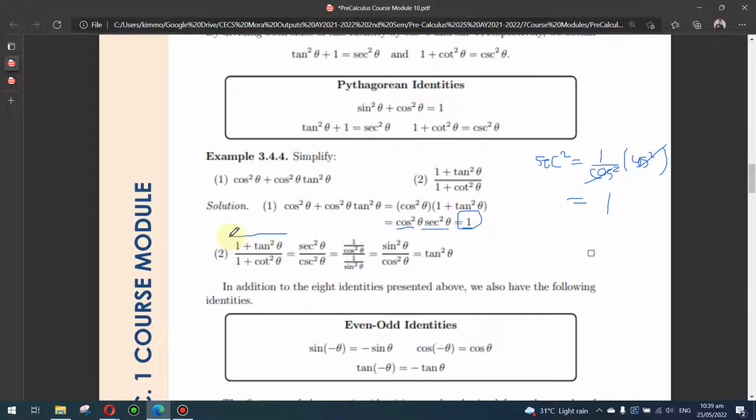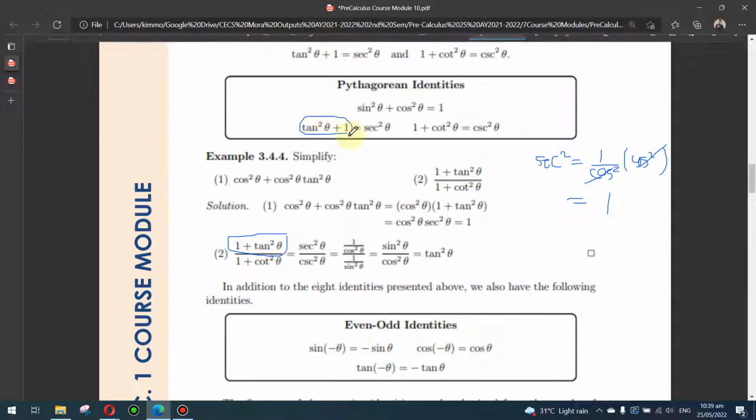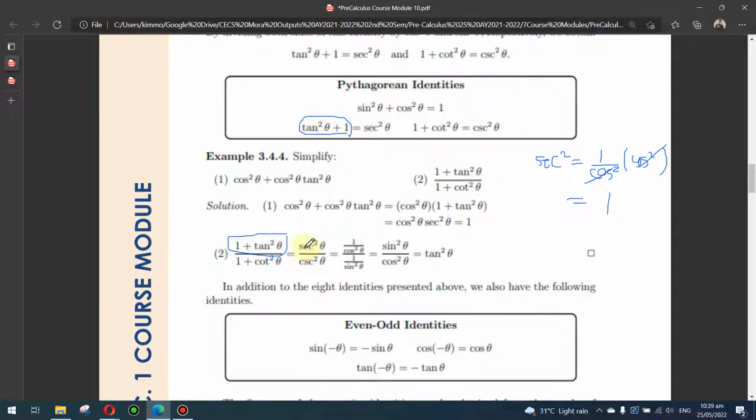So remember, this is from the Pythagorean identity: 1 plus tangent squared theta is equal to secant squared theta. So that's why we have secant squared theta. And 1 plus cotangent squared theta is actually equal to cosecant squared theta. So it is easy.